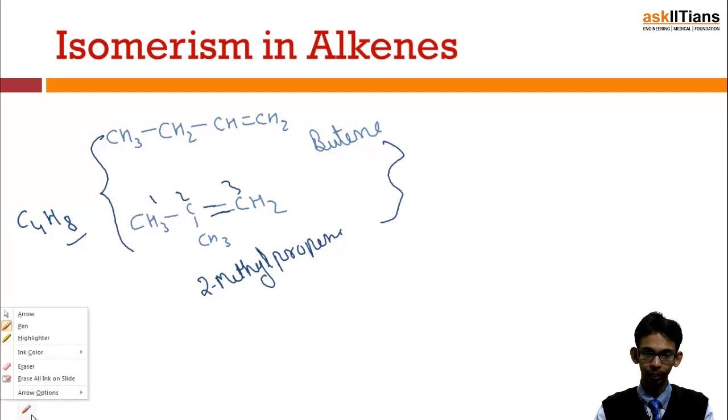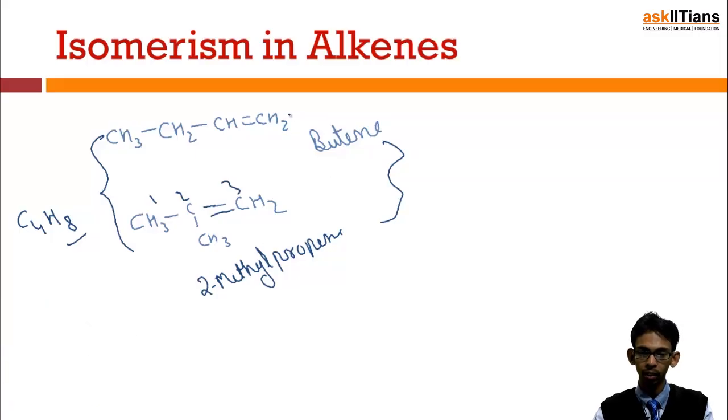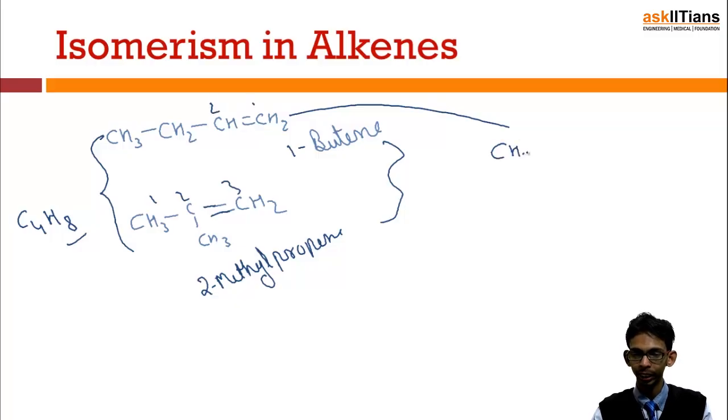Now let's say this is a compound which is actually 1-butene. Now there is another possibility that the carbon-carbon double bond comes at this position rather than at the first position. So the structure would be CH3 CH=CH CH3.